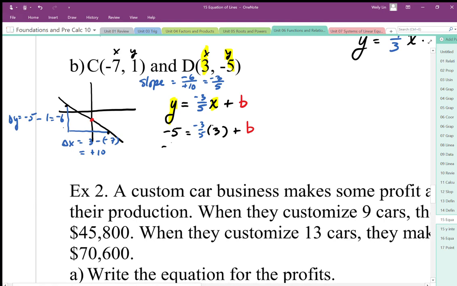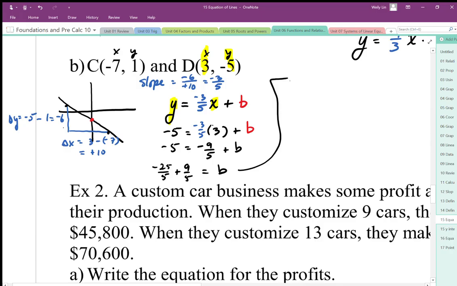I multiply this together, so I end up with -9 over 5 plus b. I want to add 9 over 5 to this side, so let's change that to -25 over 5 plus 9 over 5 equals our b value.